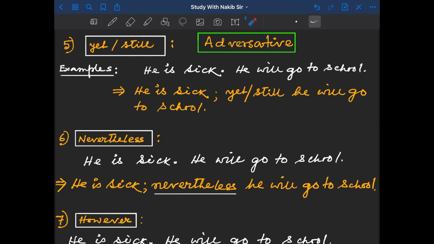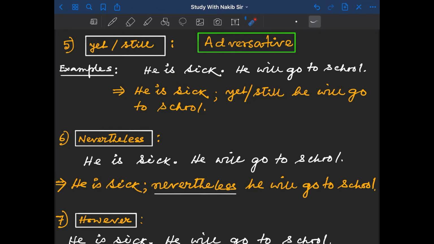See the example. He is sick. He will go to school. Adversative means opposite ideas. Opposite. See, he is sick. Natural thing is that he will not go to school. But here the opposite thing, that he is sick, he will go to school.